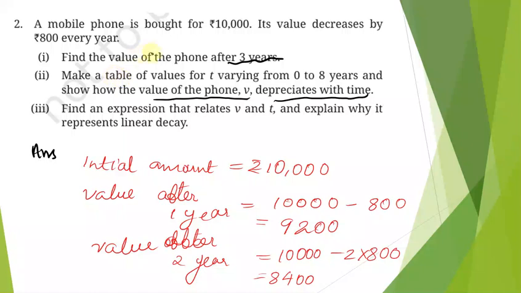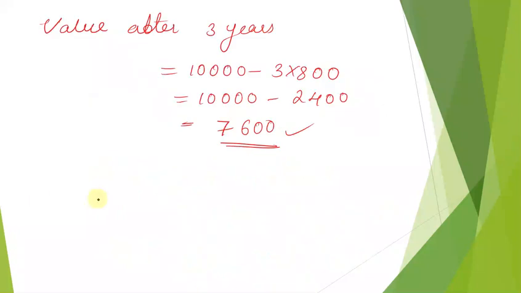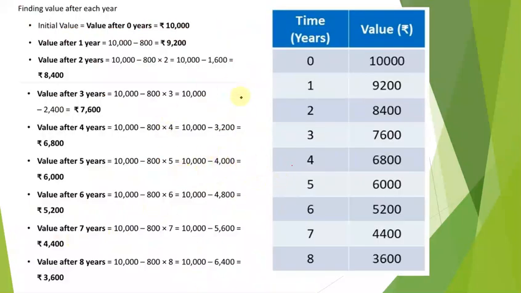Like the last question, you have to make a table of values for t varying from 0 to 8 years and show how the value of the phone depreciates with time. So we have done it: initially it will be 10,000, first year 9,200, second year 8,400, third year 7,600. So as we go like this, we can make a table, right?